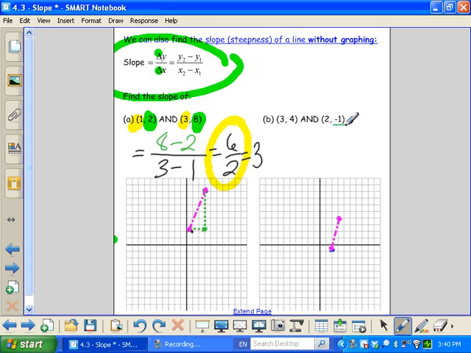Let's take the second y value, which is negative 1, and subtract the first y value, which is 4. Let's divide that by the second x value minus the first x value, which is 3. So that, a little squiggly line to divide my work here, that should actually equal negative 5 over negative 1. A negative divided by a negative is a positive, so that winds up being positive 5.